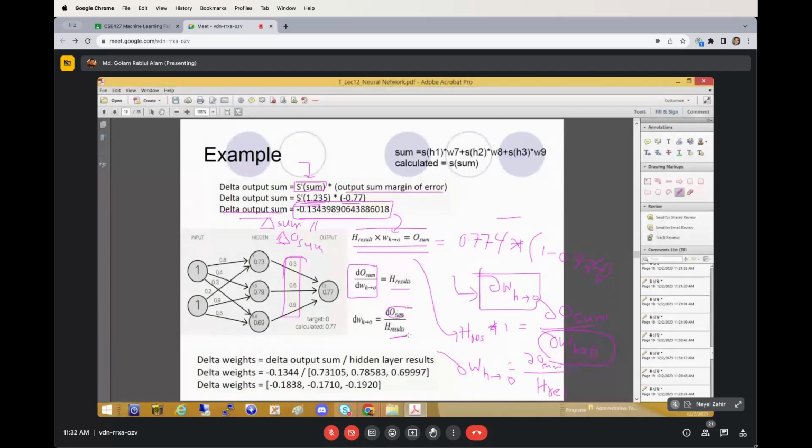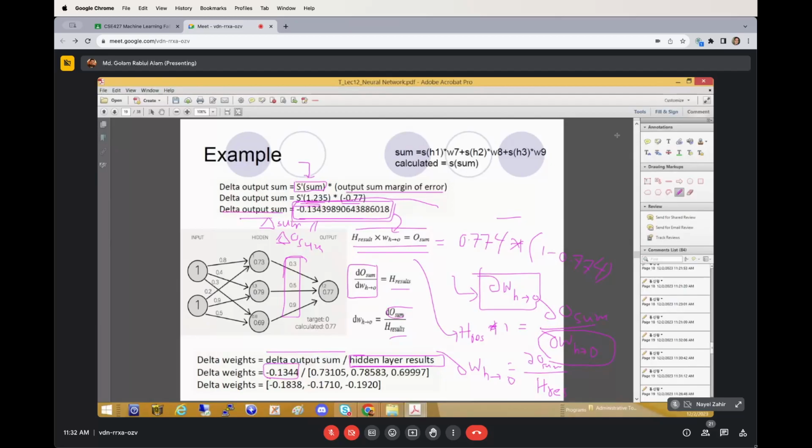We have already calculated the delta output sum, and it is negative 0.134. So here, delta output sum negative 0.134 divided by the hidden layer results. We know the hidden layer results from our forward propagation.